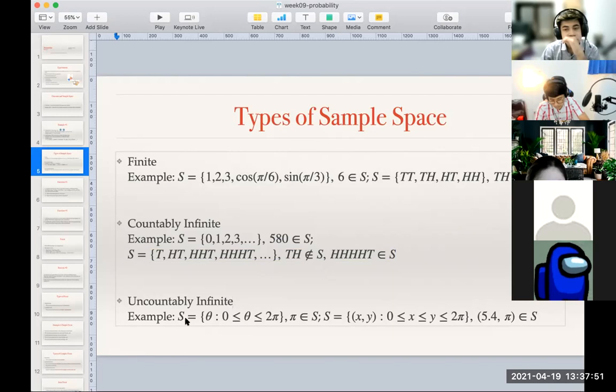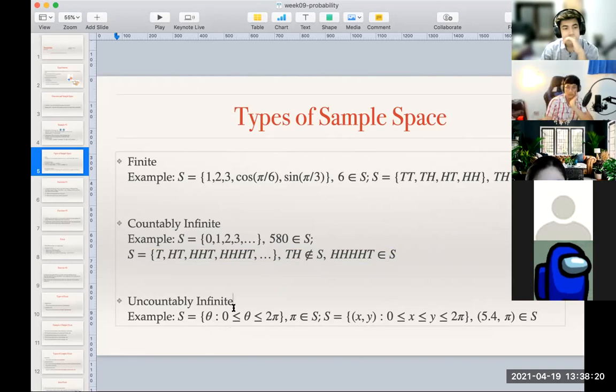Okay. For example, here the element of the sample space S is theta, where the value of theta can range starting from 0 until 2 pi, where pi is still an element of sample space S. So can you determine what the values of theta are?